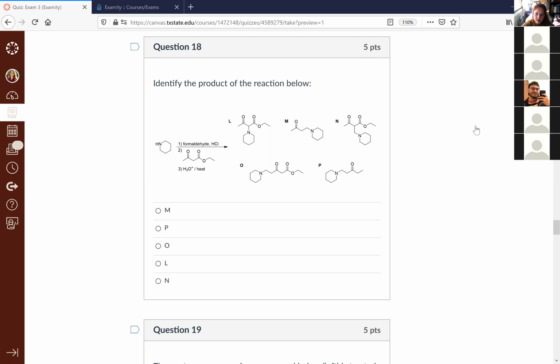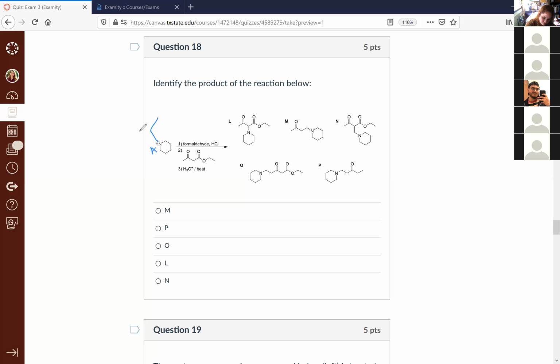So maybe I said this in office hours one day, but I feel like I also did this in lecture. The kind of easy approach to a Mannich reaction is to think A plus B plus C. So we have an A plus B plus C formula where we're going to add on one carbon to the nitrogen.